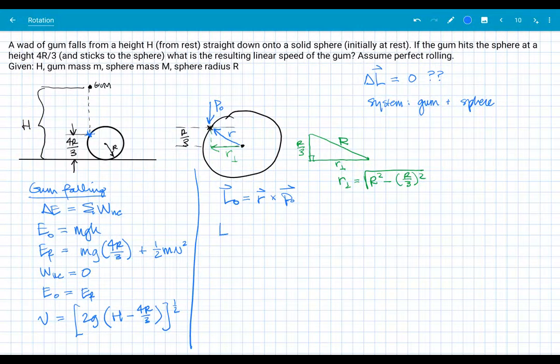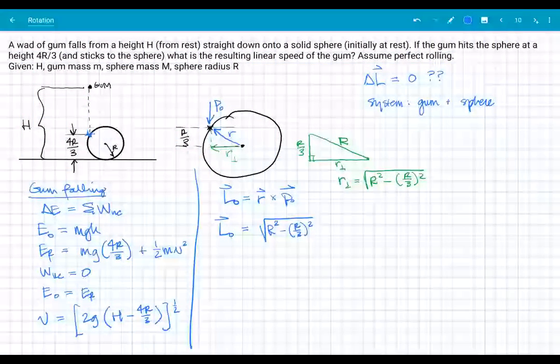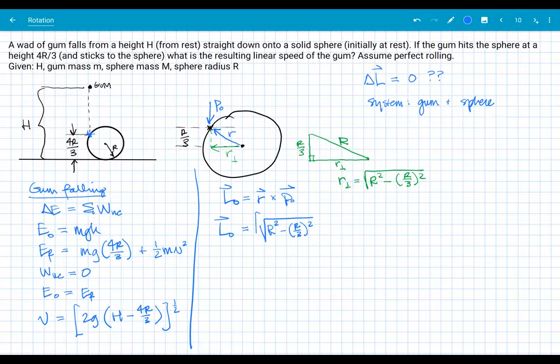So now I know that L naught is equal to r perpendicular, which is the square root of what we just figured out, R squared minus R over 3 squared, multiplied by, now this is the linear momentum of this ball, so that's going to be mv.